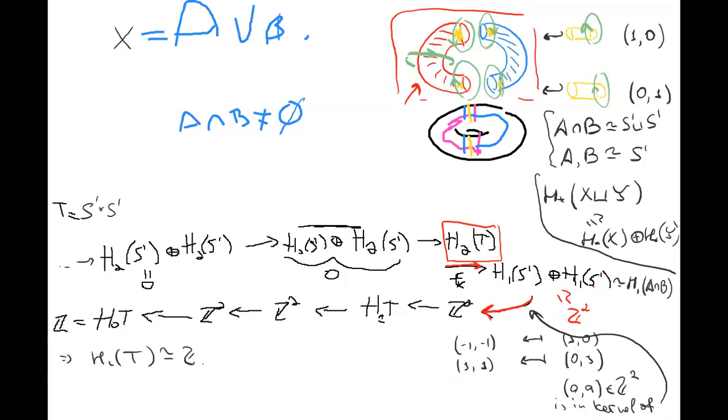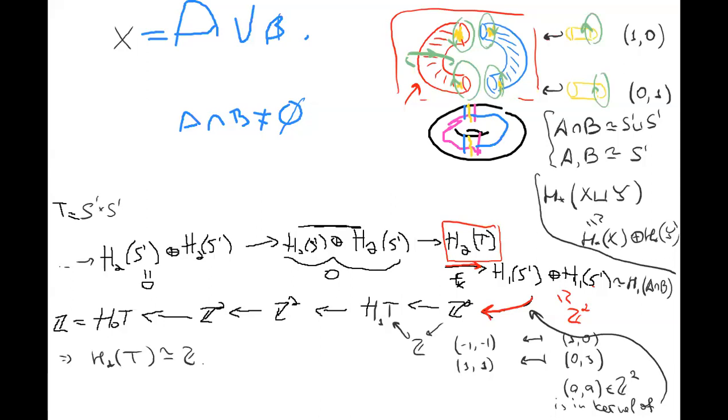So now we want to describe H1 of T. So now we know that this map, we can quotient this map by Z and the embedding into H1 of the torus.